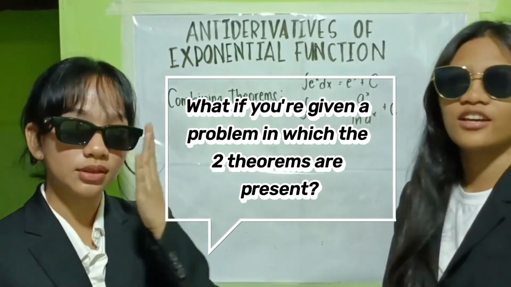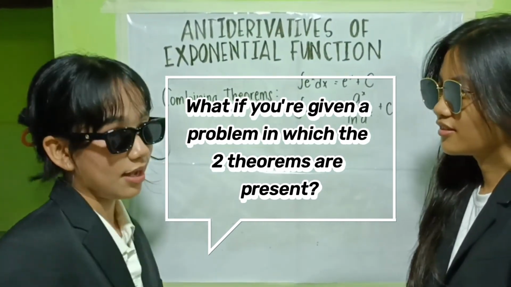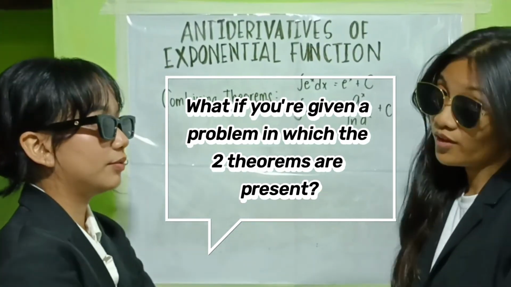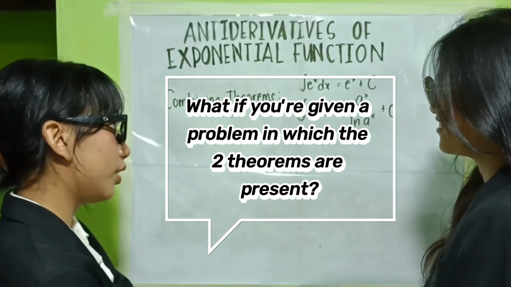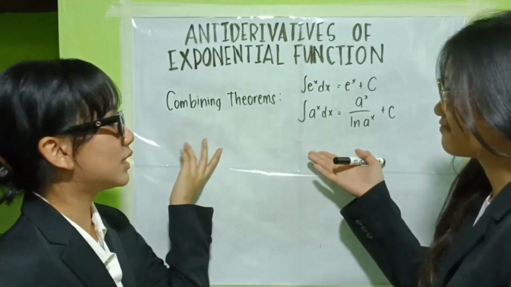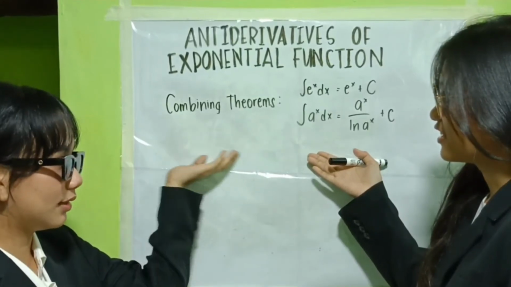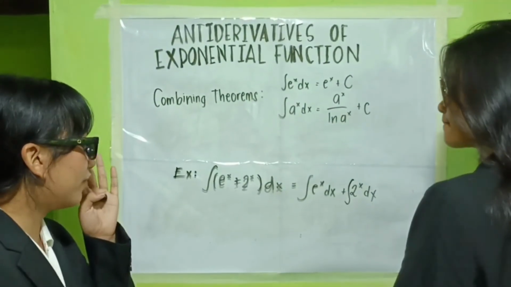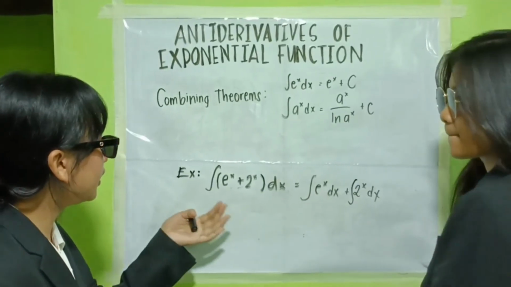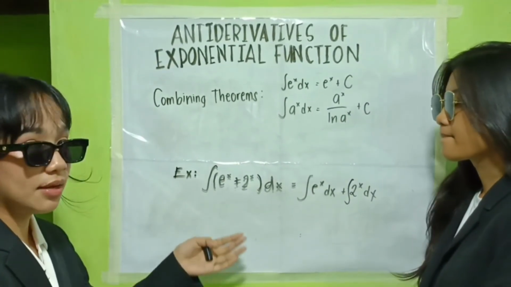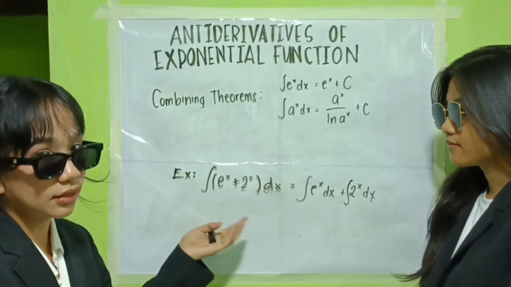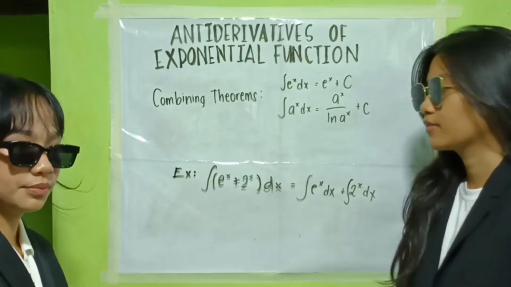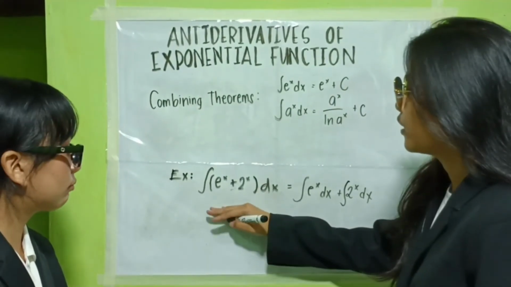What if you're given a problem that needs both theorems, or we simply say combining the theorems of exponential function? We have here an example: the integral of e raised to x plus 2 raised to x dx. Our first step here is to separate the two terms.